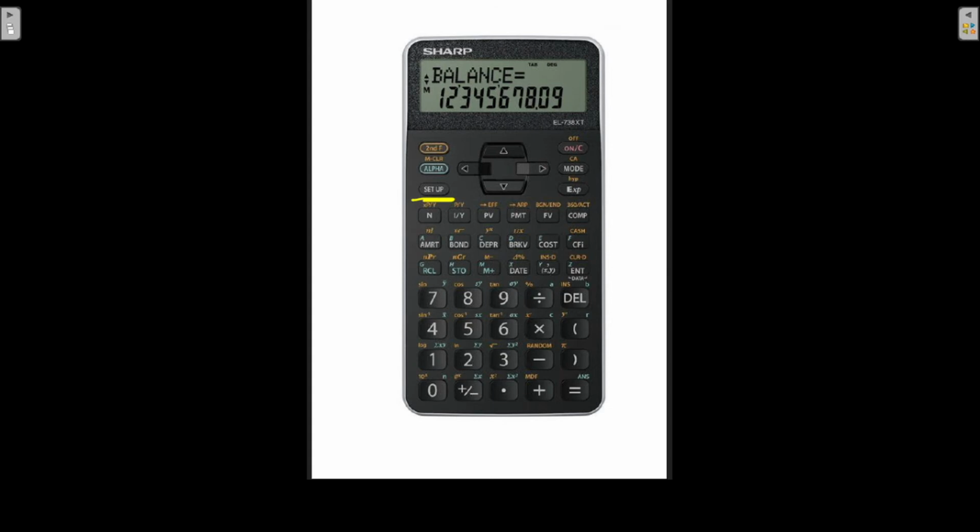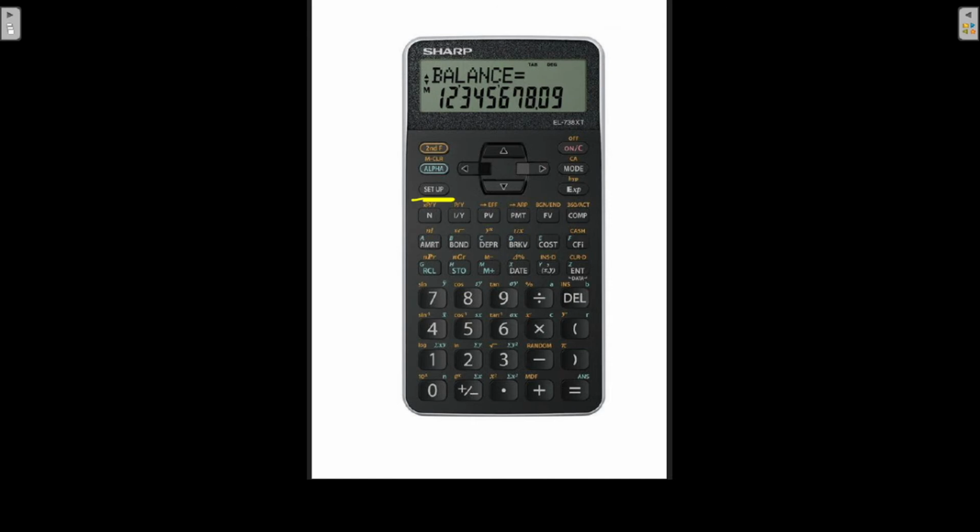Then again you choose 0 for TAB. And then you choose the number of decimal digits that you want to work with. Because we are working with interest rates, don't choose less than 4 digits. So from 4 onwards, you can choose the number of digits. I like to work with 4 digits.